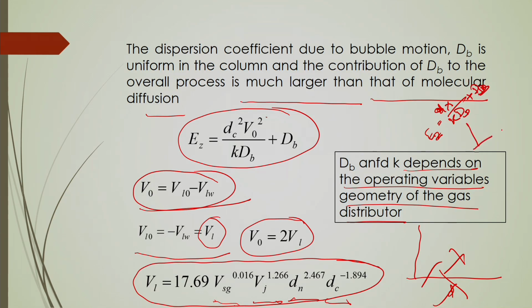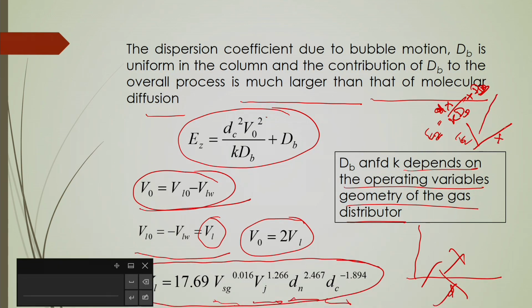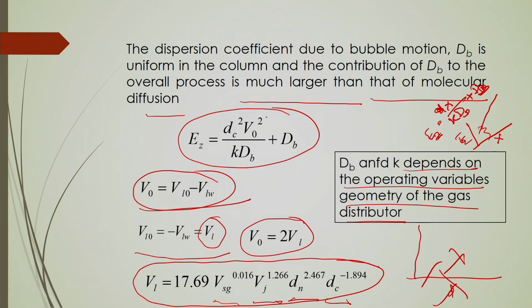If you plot Ez versus x, you get a straight line, where the intercept gives dB and the slope is 1 by k dB. Once you know this slope and intercept, you can easily calculate k and dB.